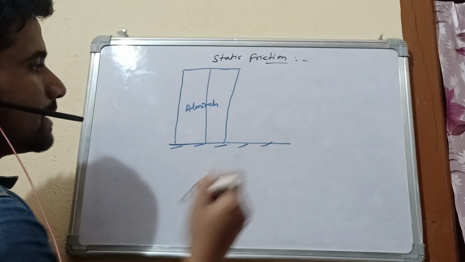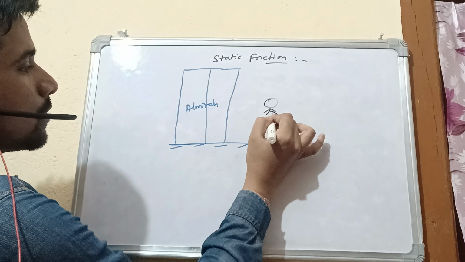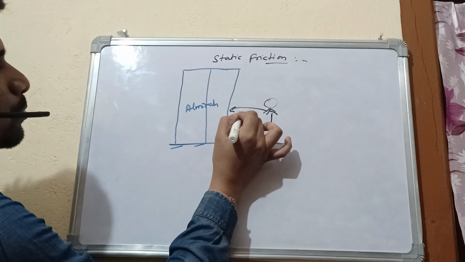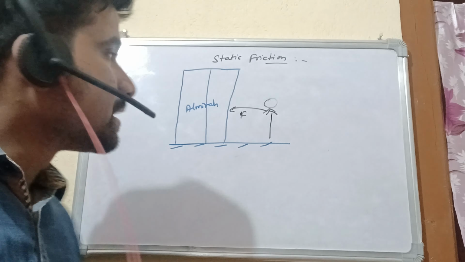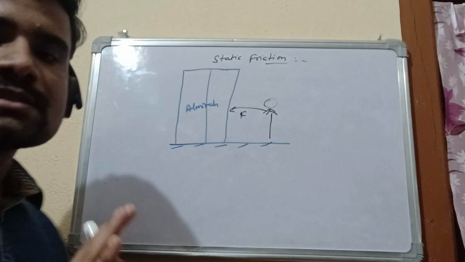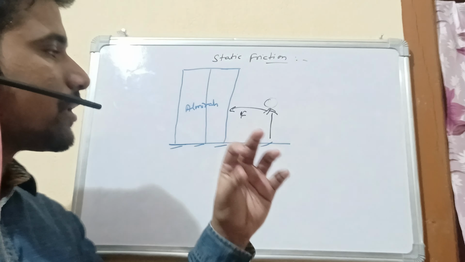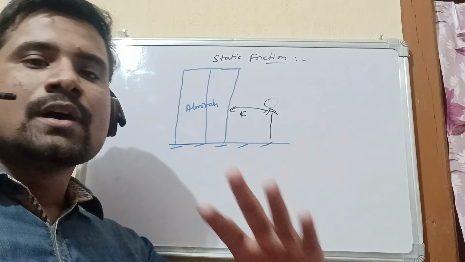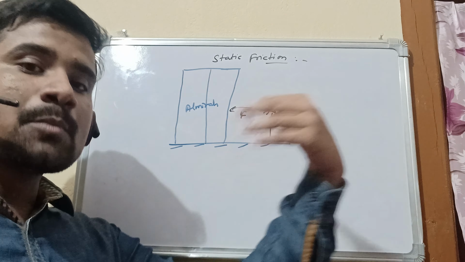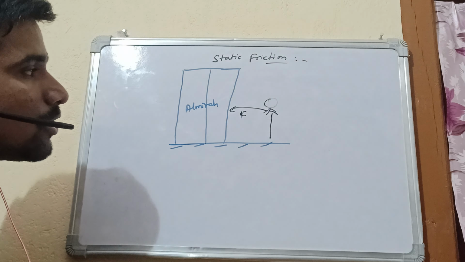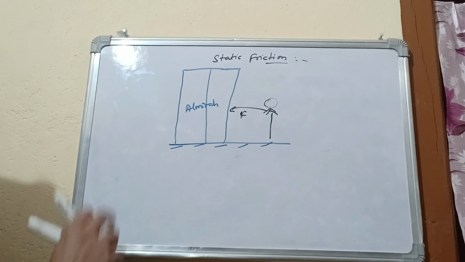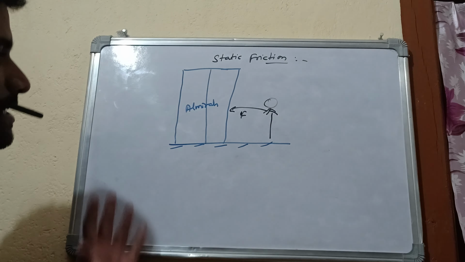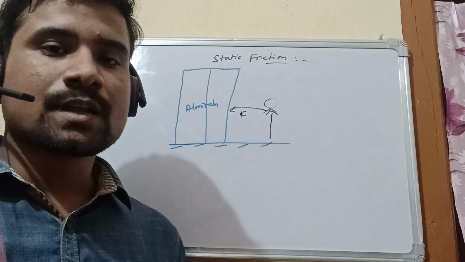There is a guy standing here who is trying to push this almirah with some force. Now this almirah is in a stationary condition. Even if this boy is applying force up to his maximum potential, this almirah stays stationary, which means there is some force which is keeping this almirah stationary.